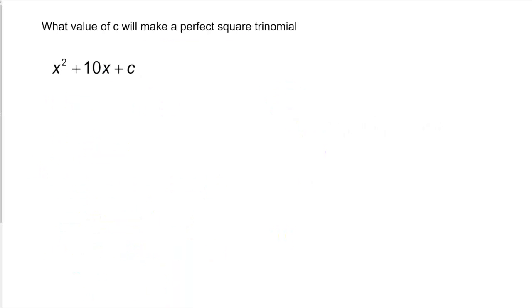Let's do a few more examples. We're going to find a value of c that makes a perfect square trinomial. Basically what I need to know is that the first term has a coefficient of 1, which it does. I take half my middle term, or my b term, and square it, and I should get a perfect square trinomial.